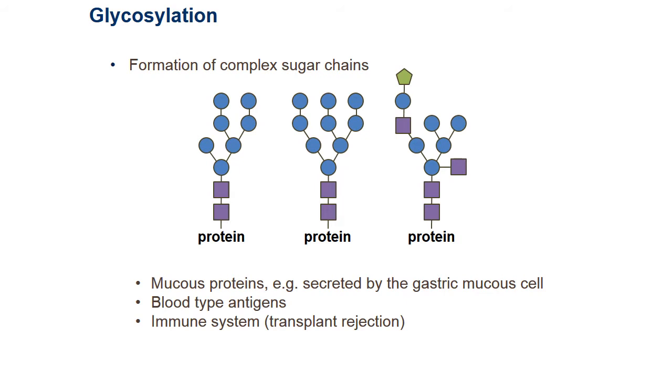So when a donor and recipient are matched, for instance, for a blood transfusion or organ transplant, then this matching is really largely based on matching glycosylation patterns in the donor and recipient.